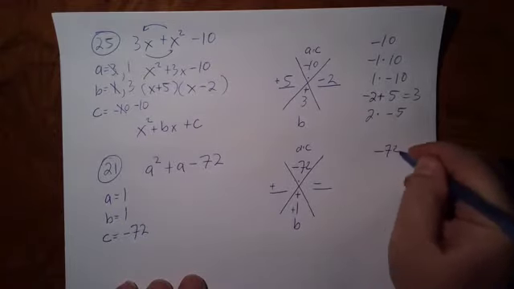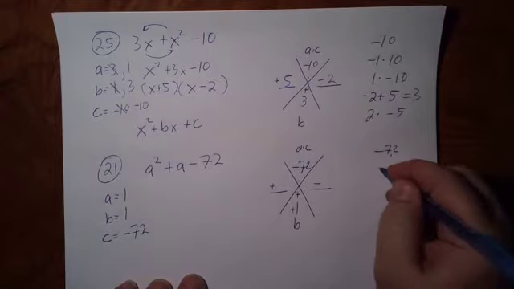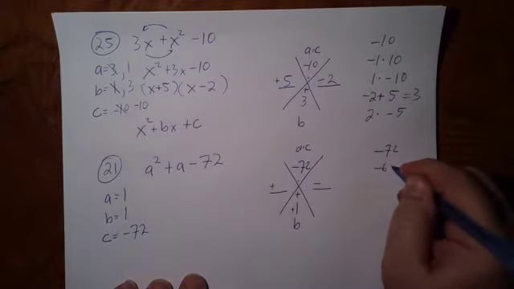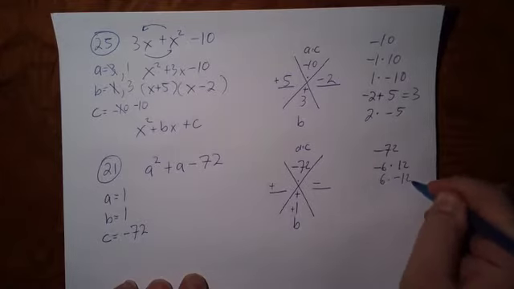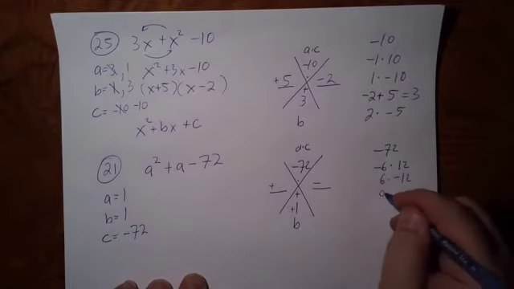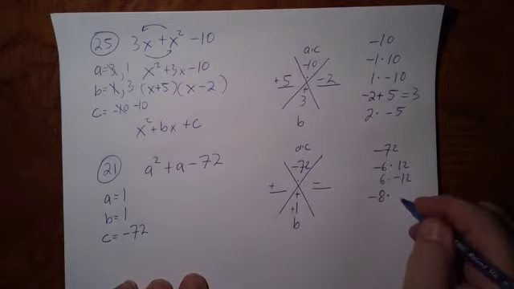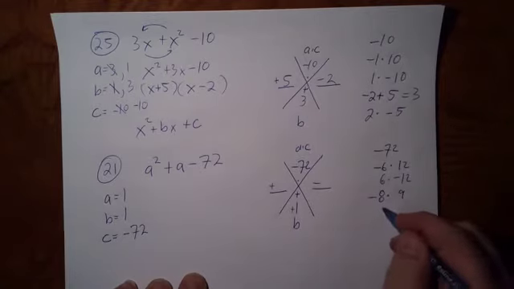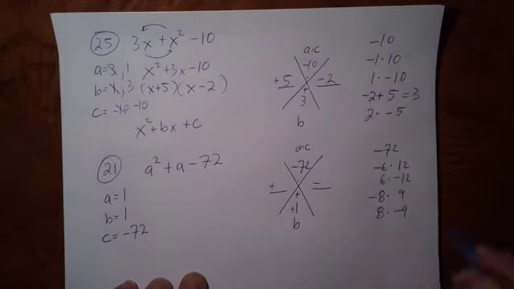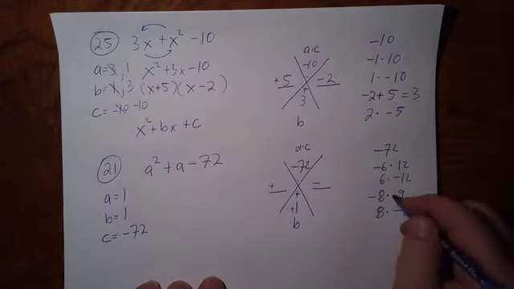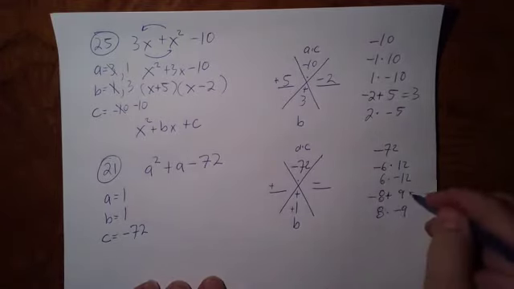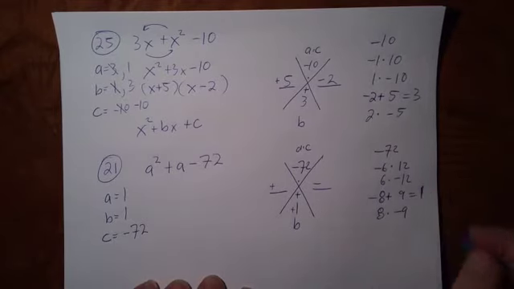So for negative 72, I'm just going to write down a couple: negative 6 times 12, 6 times negative 12, and then negative 8 times 9, and 8 times negative 9. So if I add these together, negative 8 plus 9 will give me a sum of 1.